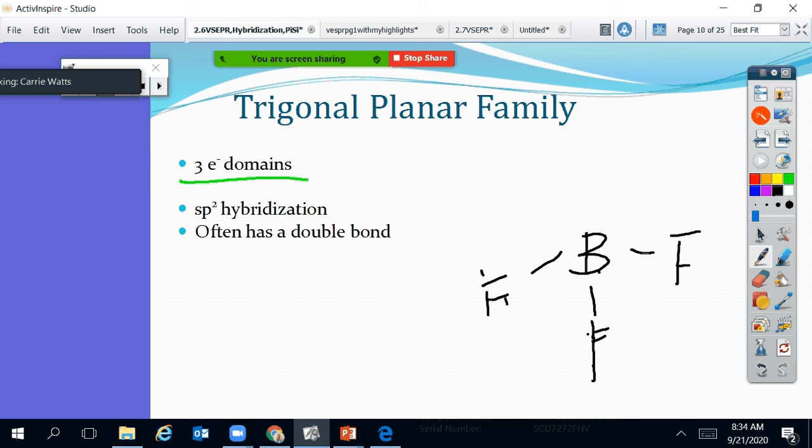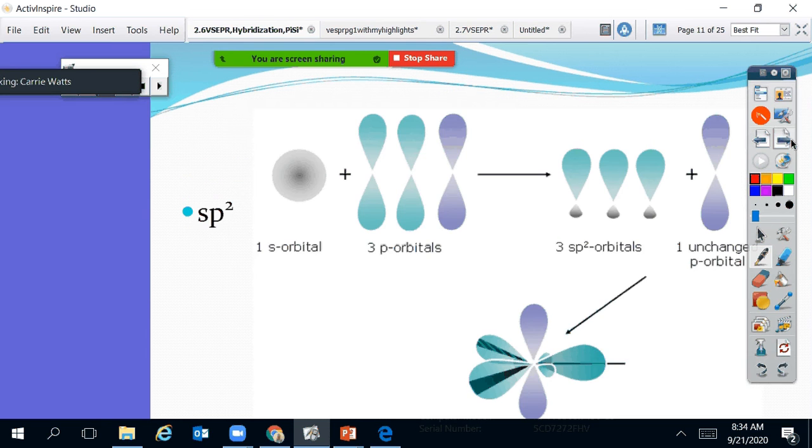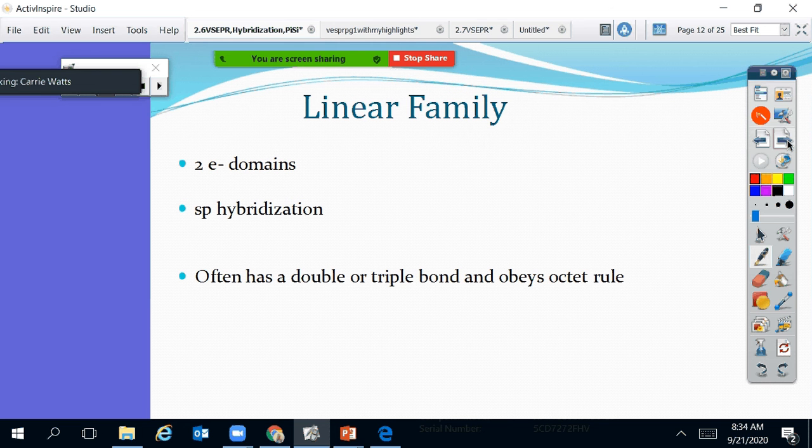All you're doing is counting the number on the boron. A lot of times trigonal planar has a double bond. This is an sp2 hybridization. You have a 1s, 3p, and then they make 3 sp2. A linear family has what's called an sp hybridization, often has a double or triple bond and obeys the octet rule.